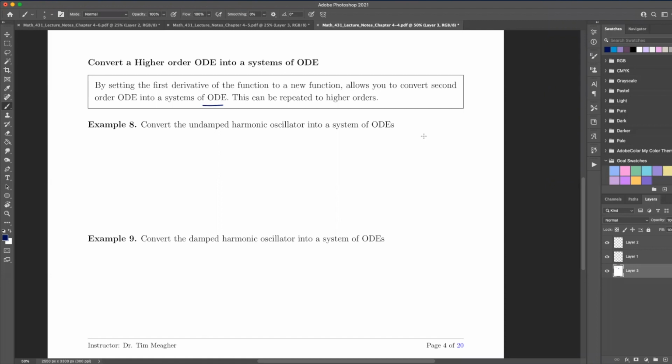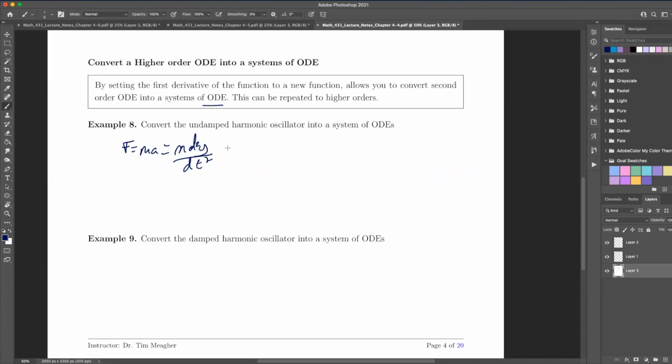So here, let's go back to our undamped harmonic oscillator. Here we have F equals ma, which equals m d squared y over dt squared. I'll leave it in t for now.